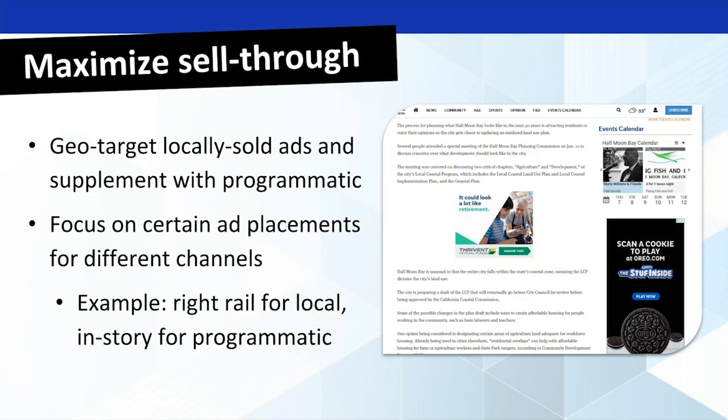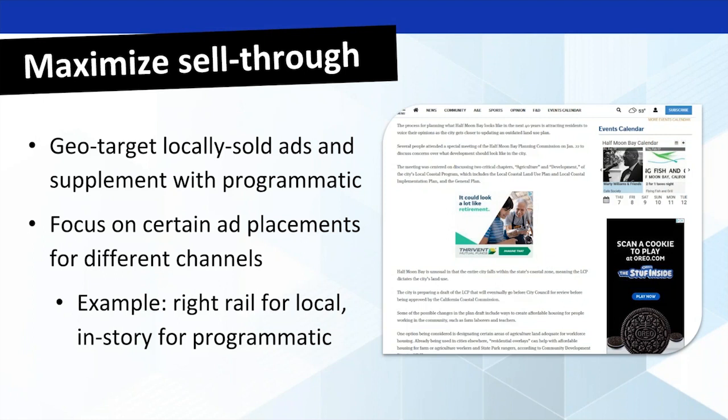It ups the value for the local advertisers because they're right in front of the users they're trying to get, the people who will be shopping at their local businesses. It also helps the programmatic side, because programmatic can now pick up what the different national advertisers are looking for as far as audience, segment, et cetera. So it's a good way of making sure you're not wasting impressions. You're getting the best out of both, so to speak.